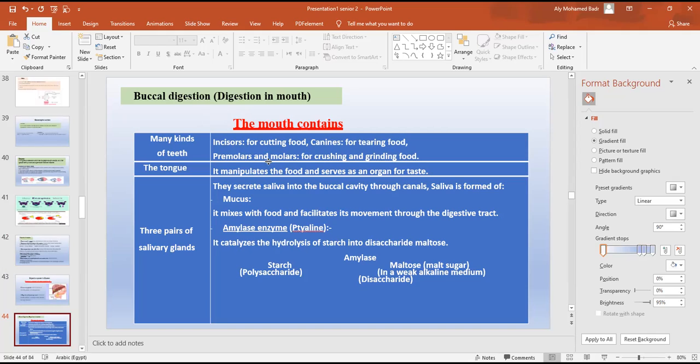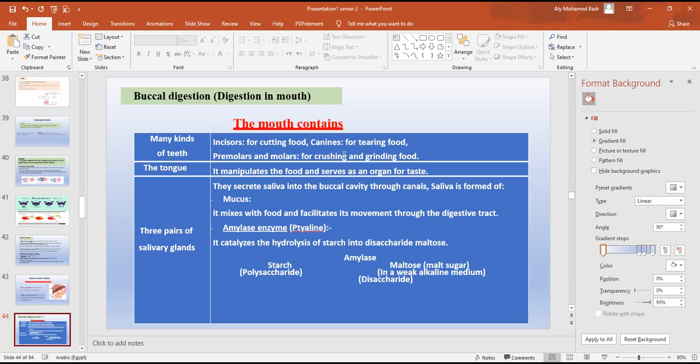These incisors are for cutting the food, the canines for tearing the food, and the premolars and molars for crushing and grinding food. So the digestion starts inside our mouth, where we can cut, tear, and grind the food. After that, the tongue manipulates the food and serves as an organ for taste.